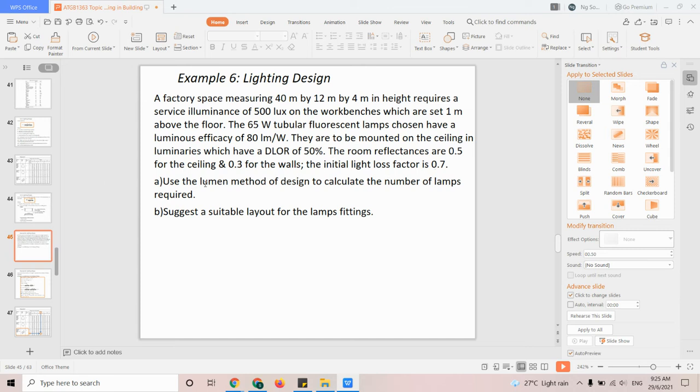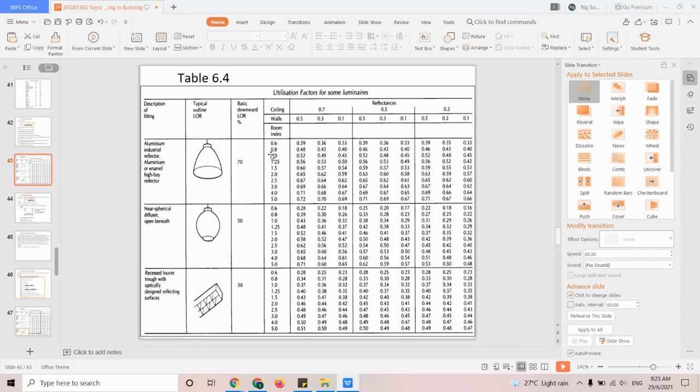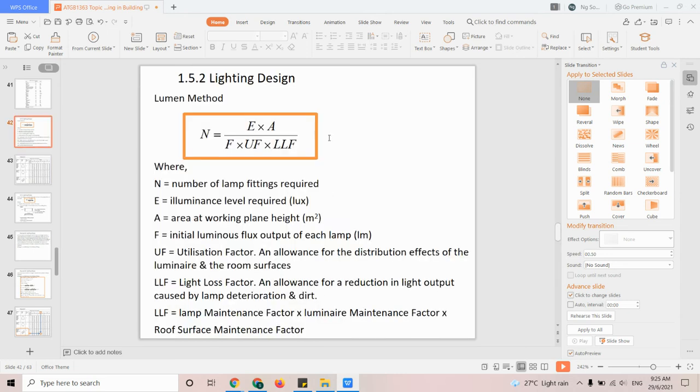So first off, for this example 6, you'll need to make use of your room index to find out your RI. And then from there, you'll be able to draw a line in this table and work out your UF. And from this table, once you get the UF, you'll be able to solve for the number of lights required for this scenario.